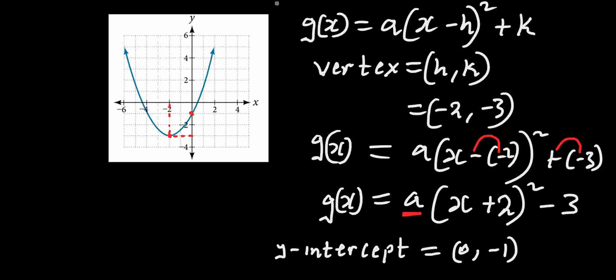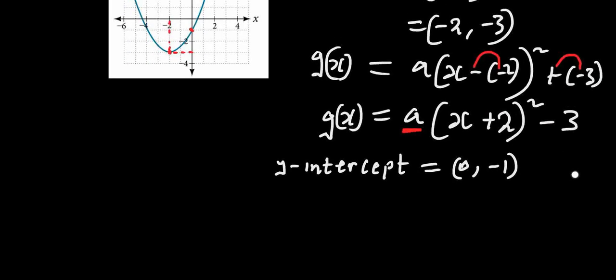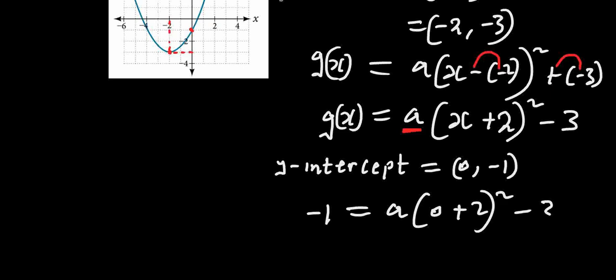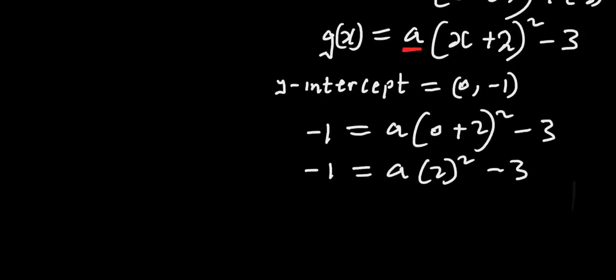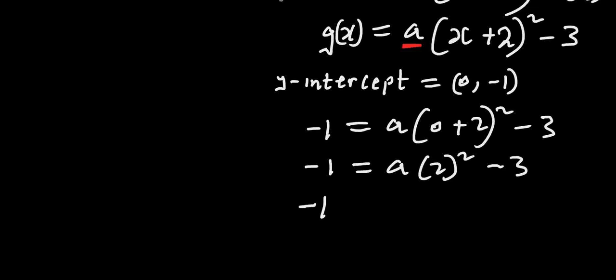So now let's plug this value into g of x. If we do that, then we're going to have -1 equal to a, and x is 0, so 0 plus 2 squared minus 3, and this will be equal to -1 equals a times 2 squared minus 3, and this will be equal to 4a minus 3.